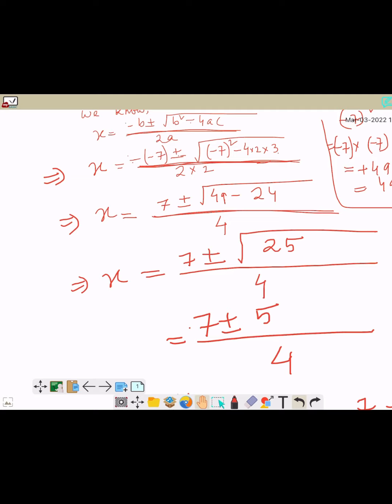You can solve the other questions in your exercise. If you want me to solve any question regarding quadratic equations, I can help you out. Next time we will see the nature of roots considering the solution of this standard format of quadratic equation.